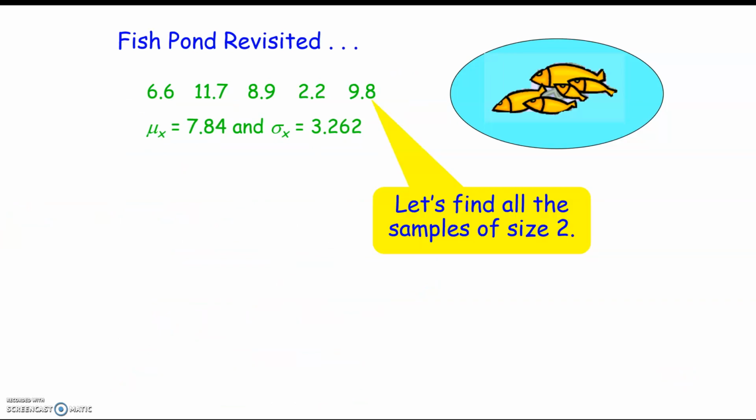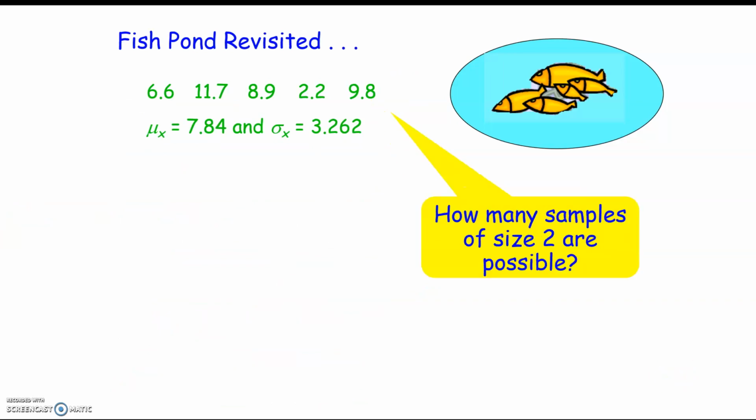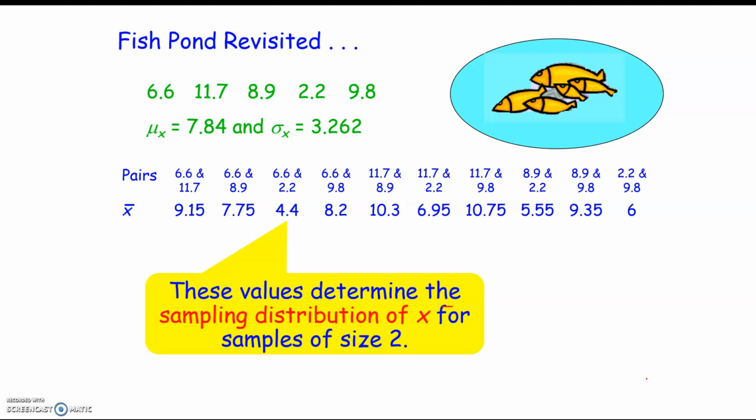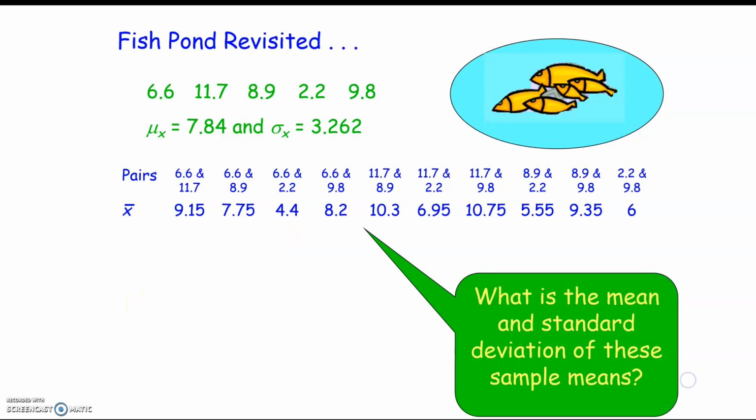So if we find all the samples of 2 that we could possibly get, it would look something like this. And here is all of my sample means that I would get from this population. And again, I'm not going to make you do that. I just want to show you an example here. And this is your sampling distribution of X for our sample size of 2.